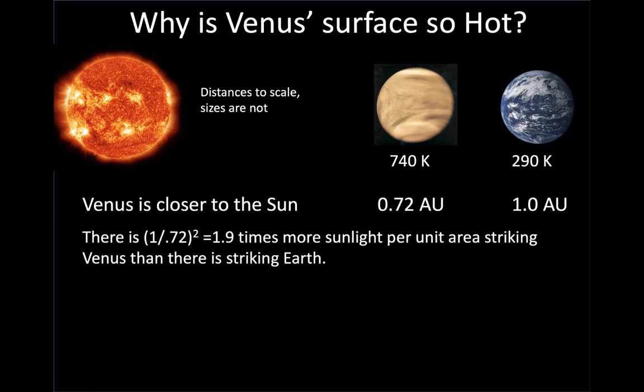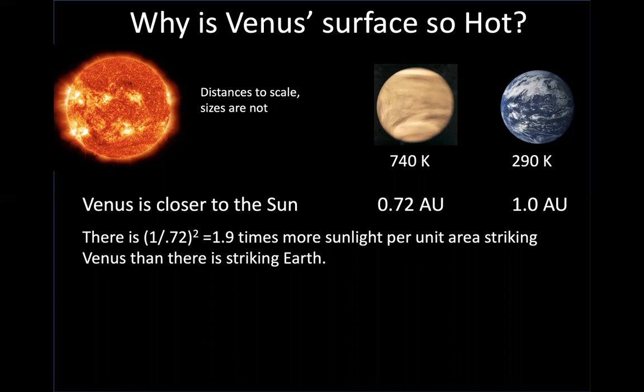Remember, brightness drops off like 1 over distance squared. So the brightness of the sun at Venus is 1 over 0.72 squared times its value at Earth. That works out to be about a factor of 2.